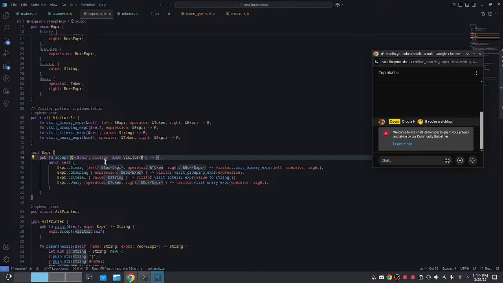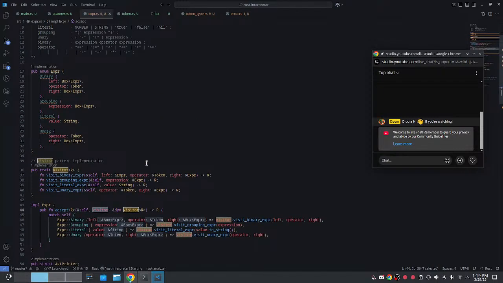If the visitor is of binary, in that case self would also be of Expr binary, right? Then this would just call the visit binary expr. So I guess this is it.